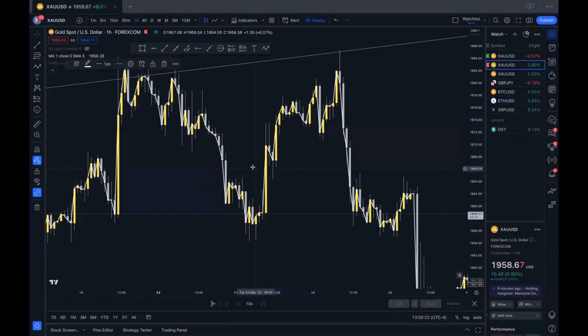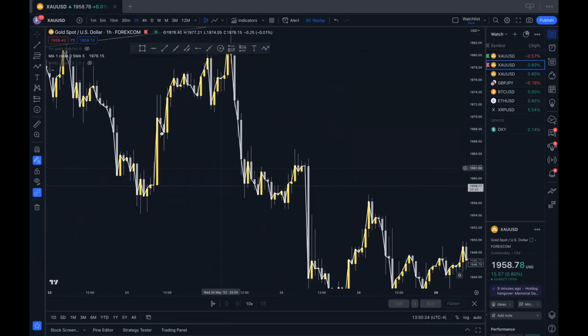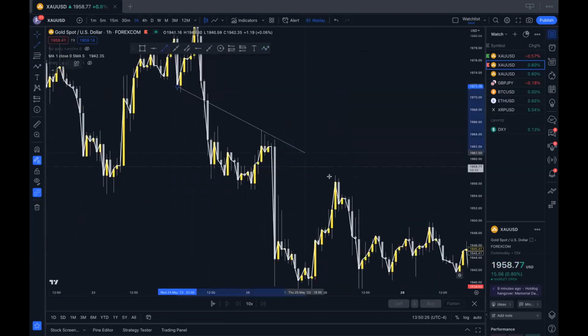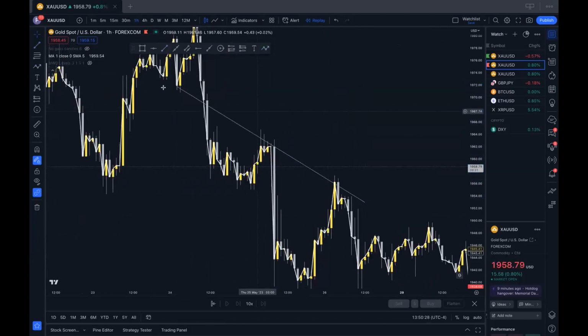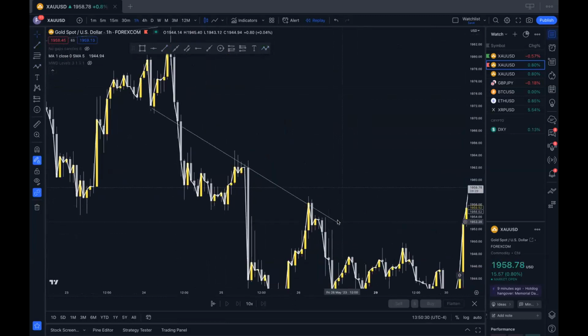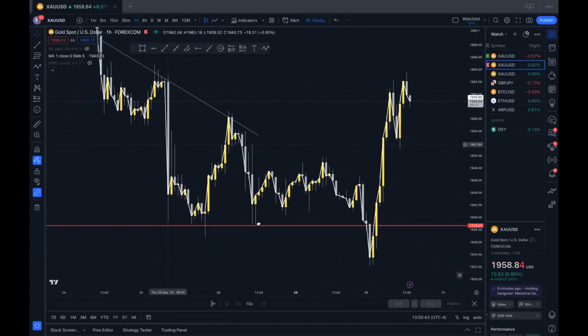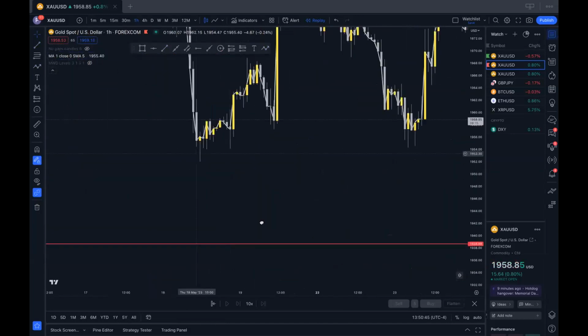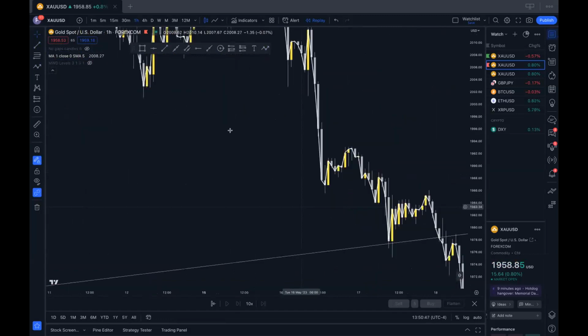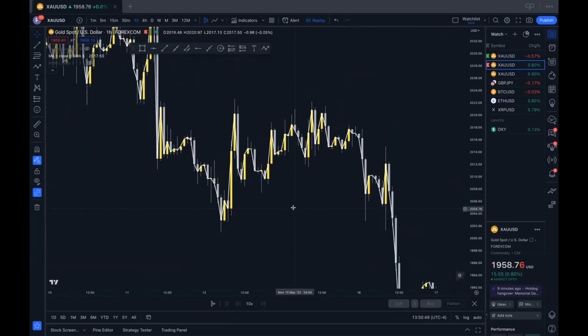Okay. Another one. Let's see. Breakout type 2, right? You guys see? This is support, breakout, resistance, drop. Let's go.